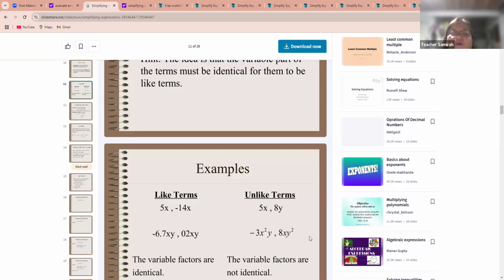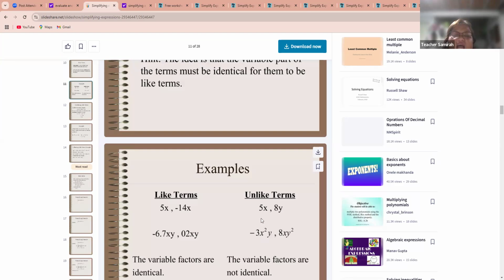And then when we talk about unlike terms, we can say that 5x is not the same as 8y. The variable of 5 is x, while the variable of 8 is y. And then if you look at the second example of unlike terms, 3x squared y, while the second one is 8xy squared.